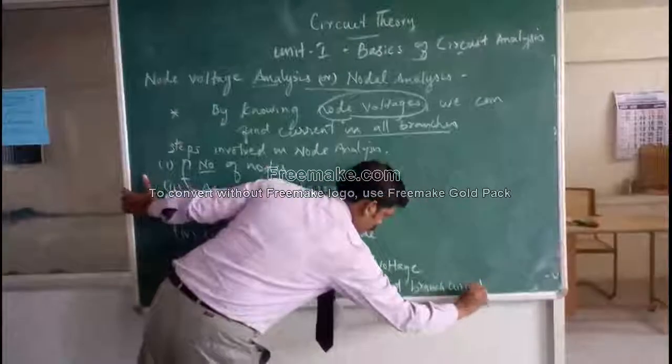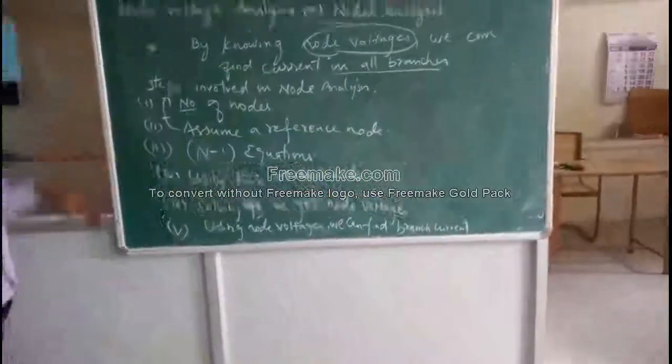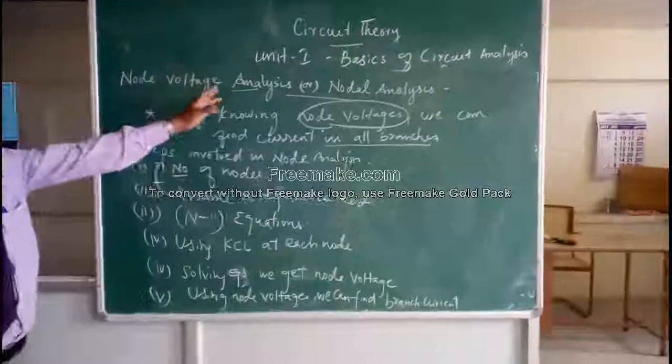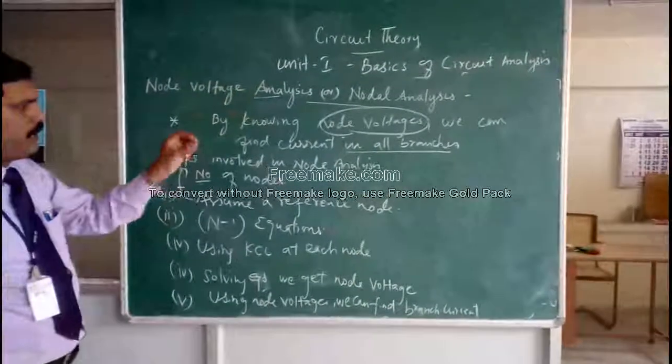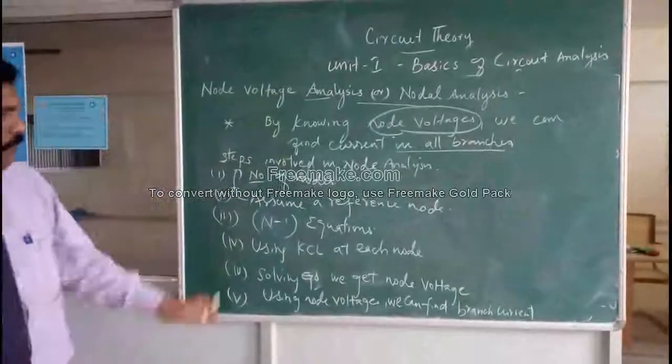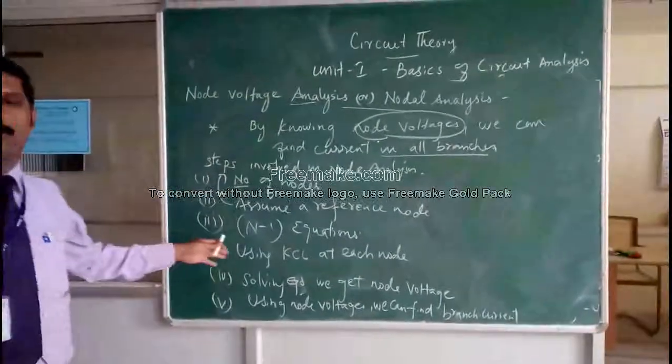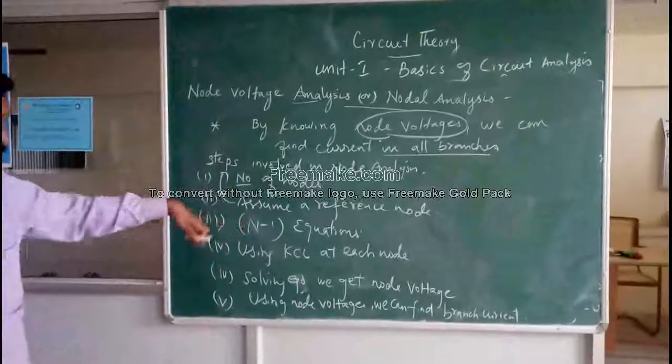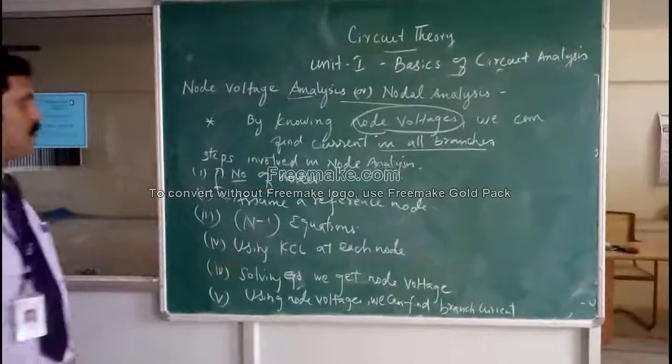So these are the steps involved in node voltage analysis, or node analysis. I will show you using a basic circuit how to form these equations, how to find the node voltages, and how to find branch currents using those equations.